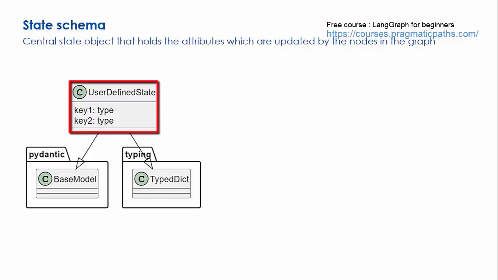Your schema is really just a collection of keys with their types. These can be simple types like integers or strings, or they can be more complex types like lists and dictionaries. It is totally up to you how you design the schema. When the nodes interact with the shared state, they modify the state attribute values.